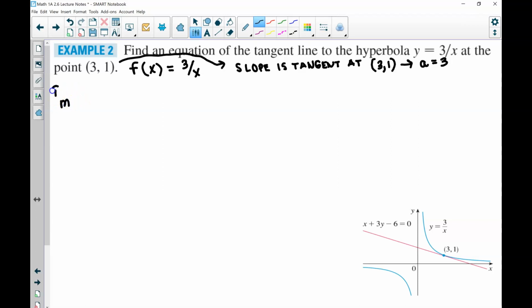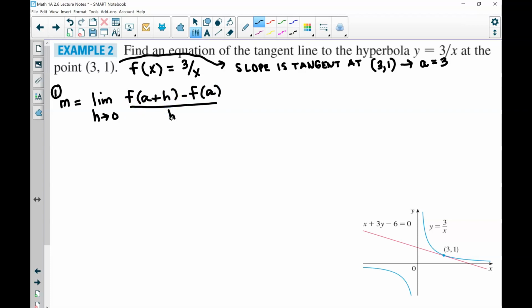So in step 1, m is equal to the limit as h approaches 0 of f of a plus h minus f of a over h.